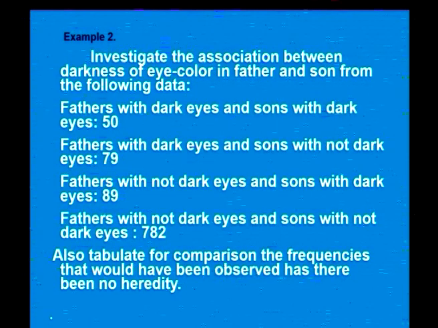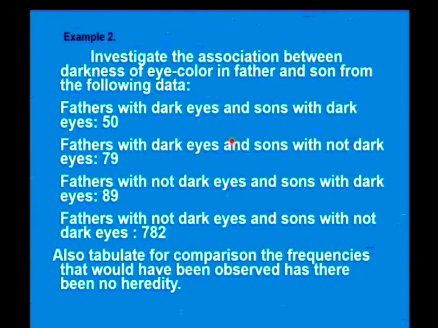Okay. So, first of all, let me read the question. Investigate the association between darkness of eye color in father and son from the following data. So, there are two attributes defined here. One is darkness of eye color in father. Let us define that as A. And then darkness of eye color in son, we will define it as attribute B. So, the data given as 50, 79, 89, 782, that we have to mathematically convert.